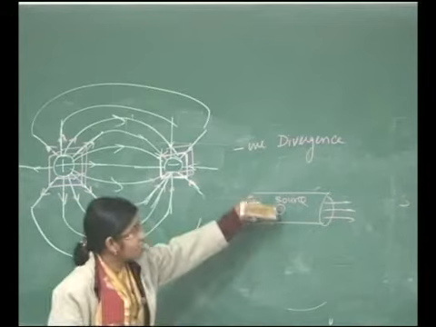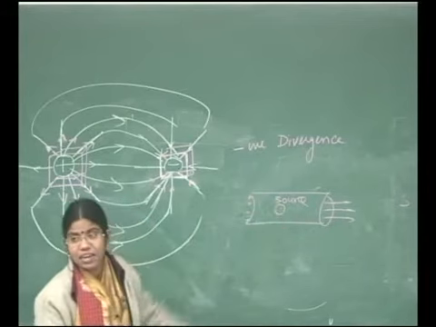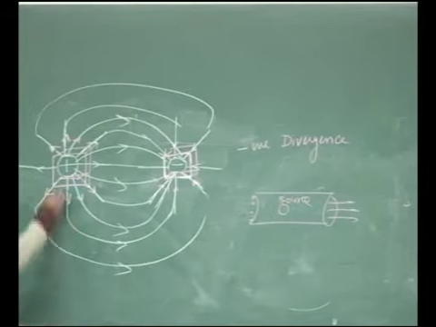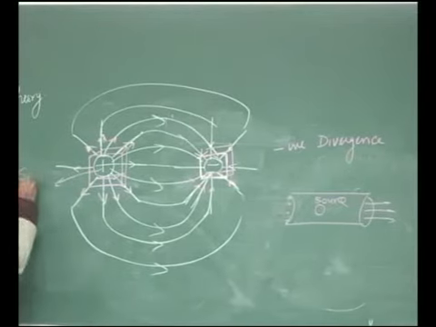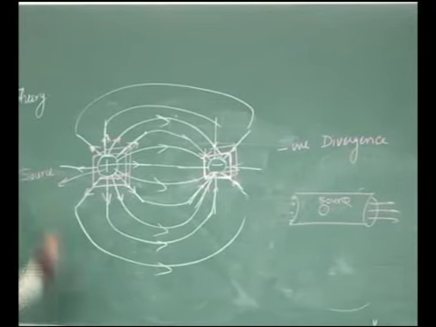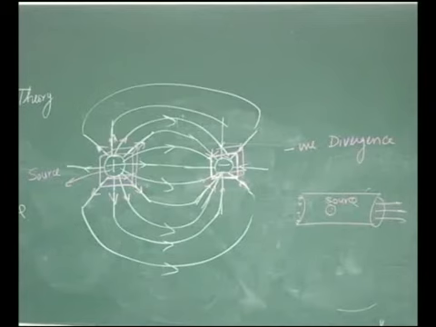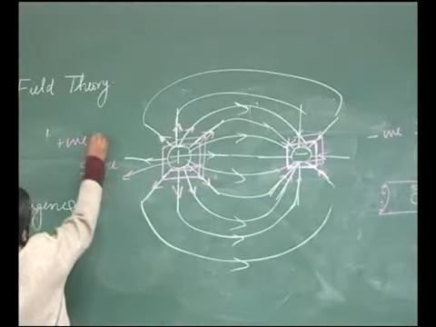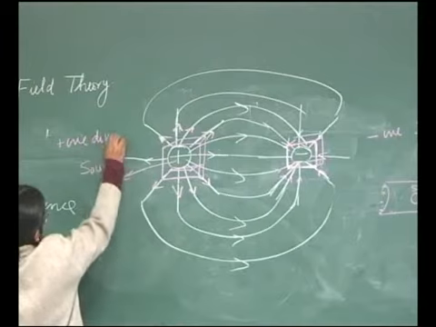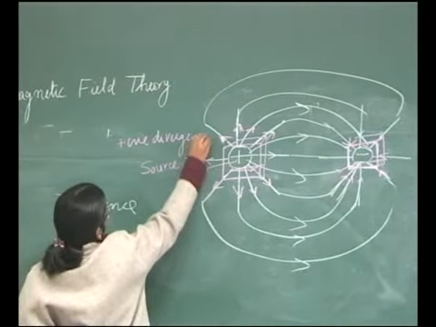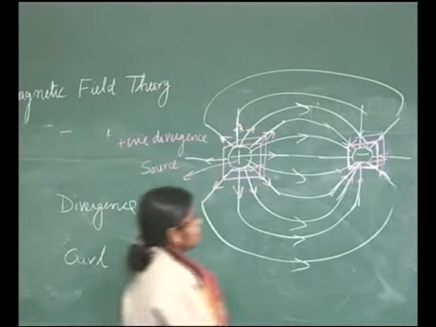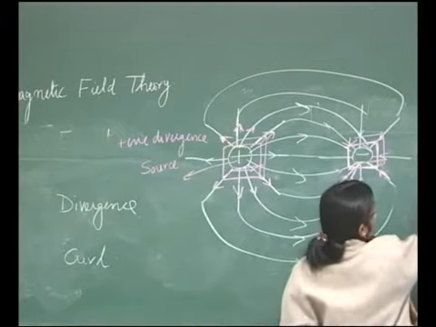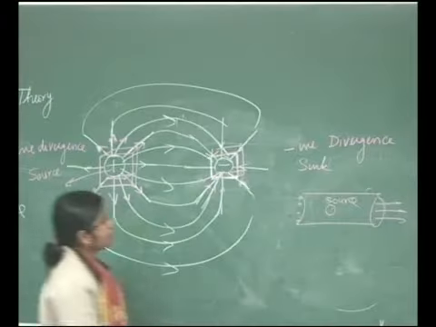So we can call this point the source of electric field, and such cases are called cases of positive divergence. This is the sink point.